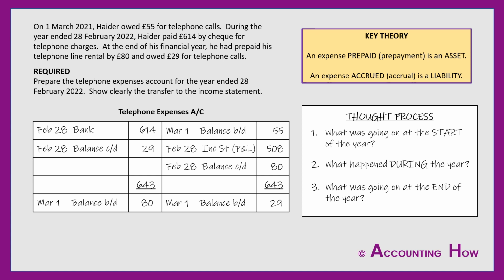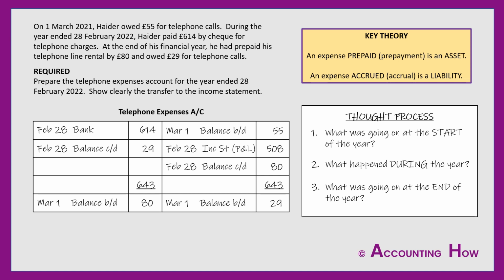Final word. This principle complies with the accruals concept, which is sometimes referred to as the matching concept, because ultimately what we're trying to do is work out how much in pounds of telephone expenses actually relate to this year, the year ended 28th of February 2022.